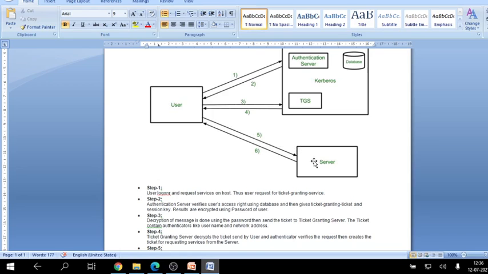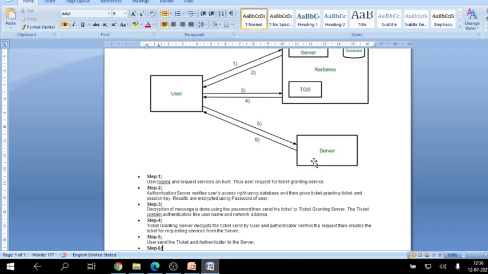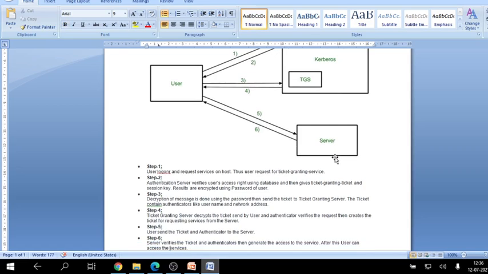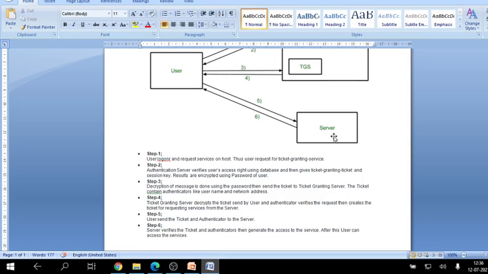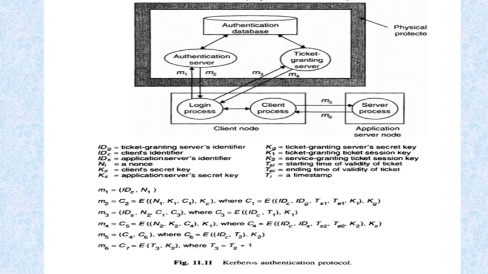And in step 5, the user makes the request to the server. The user sends the ticket to the server. The server will verify the ticket and give access to whichever service is required by the user. So this is the Kerberos authentication protocol.